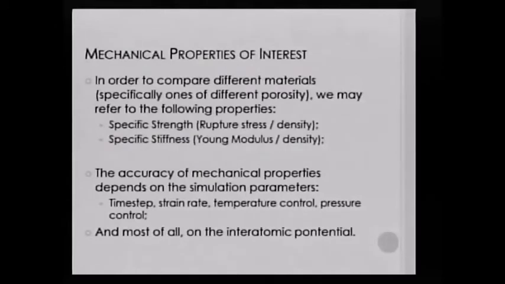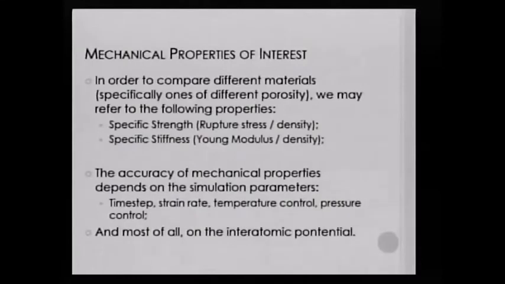But when you want to compare different materials, specifically ones with different porosity, there are some other properties that can give you a better understanding of the mechanical behavior of your system. For example, we have two properties called specific strength and specific stiffness that relate the rupture stress with the density of your material.